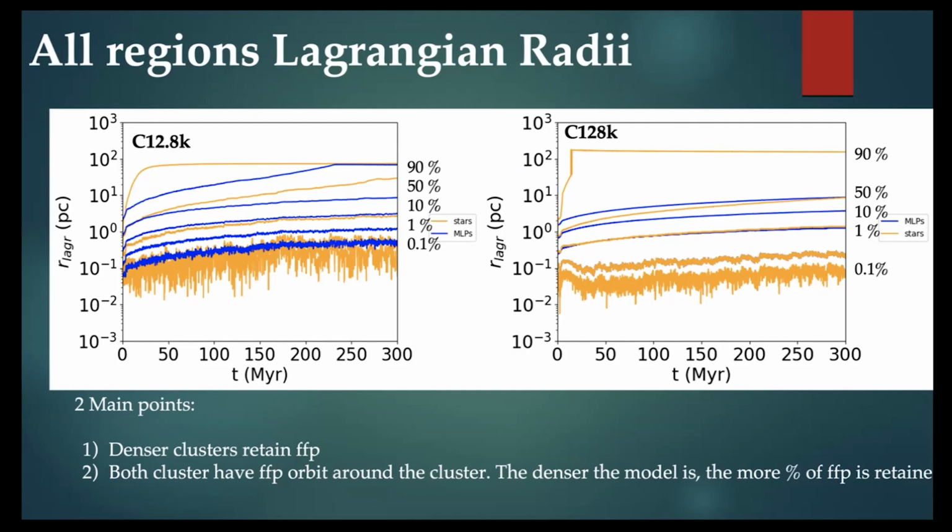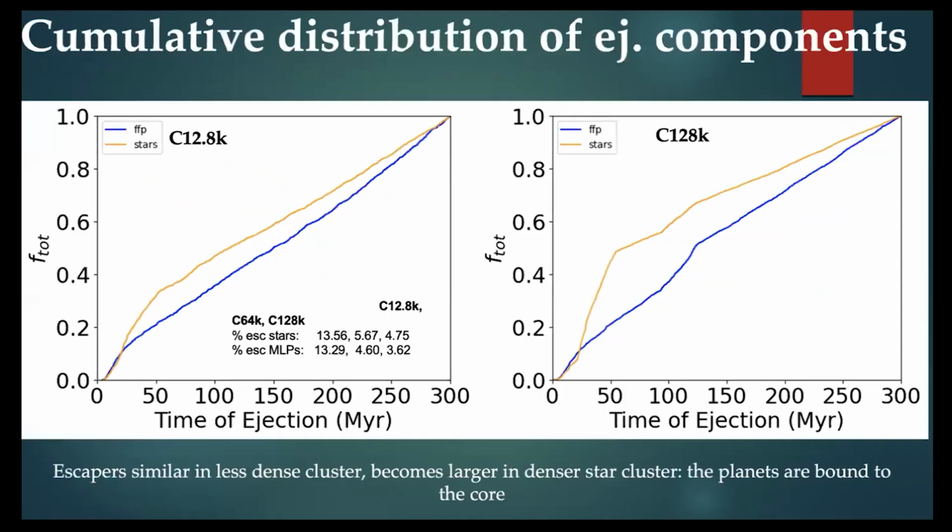So basically speaking, denser clusters retain free-floating planets much more easily than less dense clusters. And both clusters, as I said at the start, retain the free-floating planets.